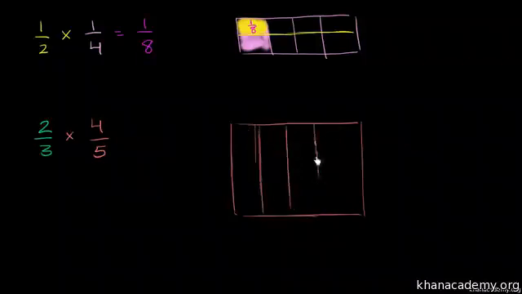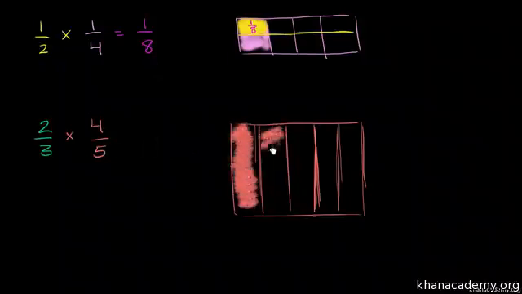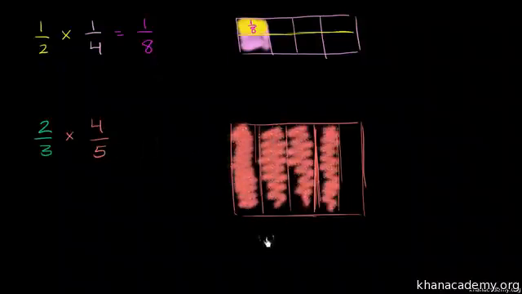I think you get the point here. And we want 4/5. So we want 4 of these 5 equal sections. So this would be 1 of the 5 equal sections, 2 of them, 3 of them, and then 4 of them. So that right over there is 4/5.